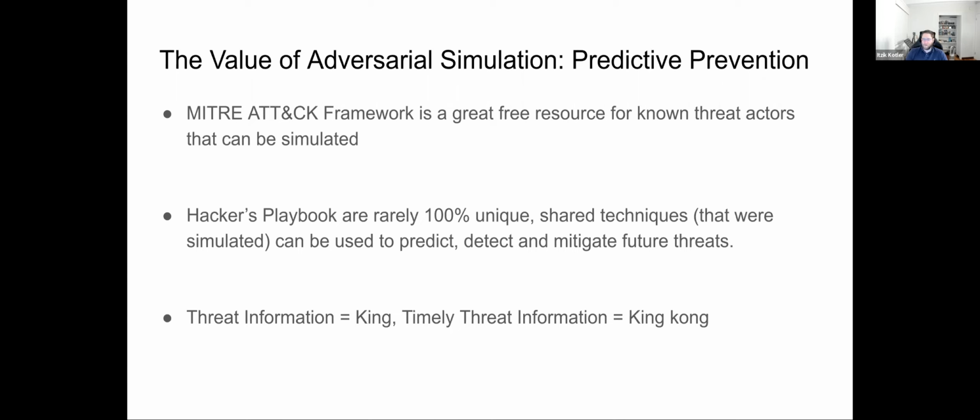Now, obviously, as we talked about, the initial assumption will be, let's use it for reactive purposes, which is great, but passing it into a proactive function like red team and adversarial simulation immediately can help answer the question, how safe are we from this threat? And this is what I wanted to emphasize here as we talked about predictive prevention.